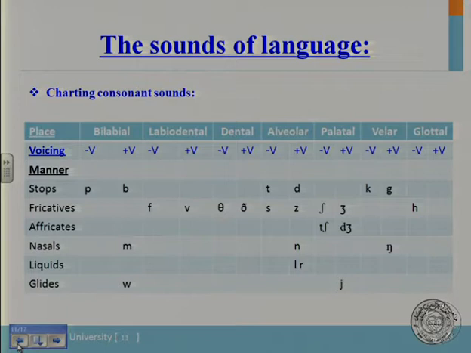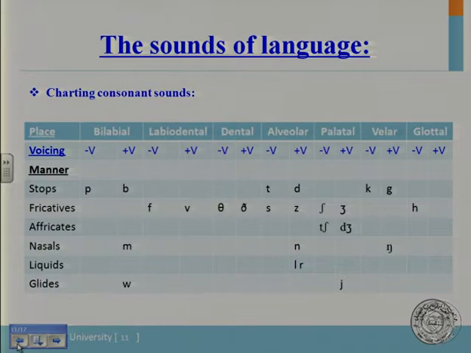For the place of articulation, we have bilabial, labiodental, dental, alveolar, palatal, velar, and glottal. As manner of articulation, we have stops, fricatives, affricates, nasals, liquids, and glides.